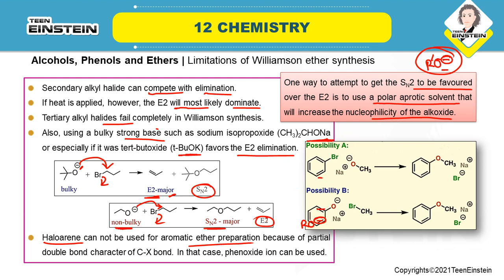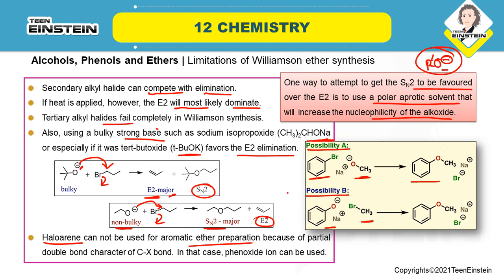So here if we want to make this ether, that is phenyl methyl ether, then for the first combination, possibility A, you have taken phenyl bromide and sodium methoxide. Possibility B is now you have taken sodium phenoxide, that is the sodium salt of phenol, and CH3Br.